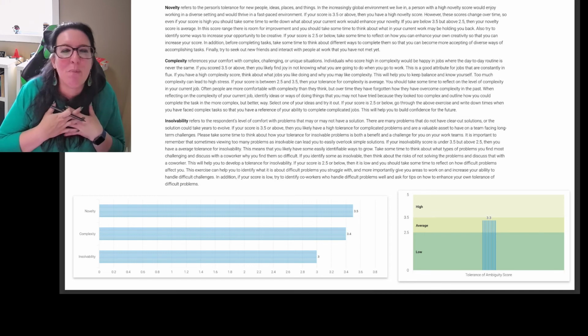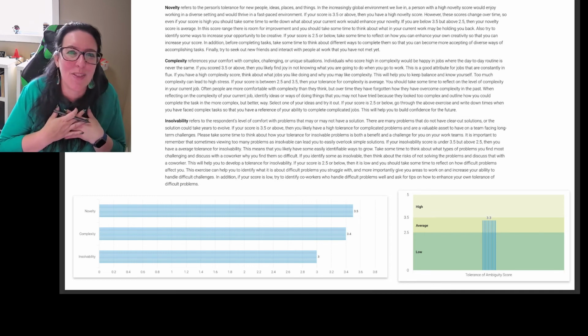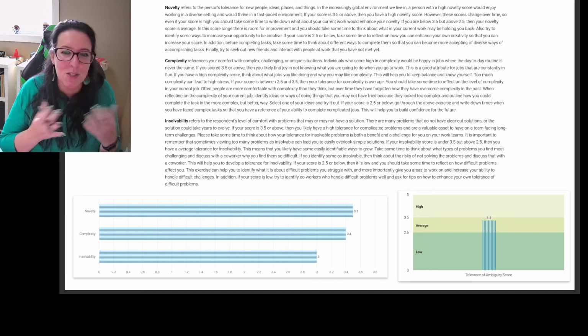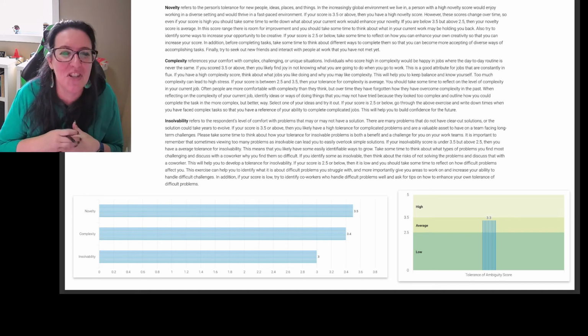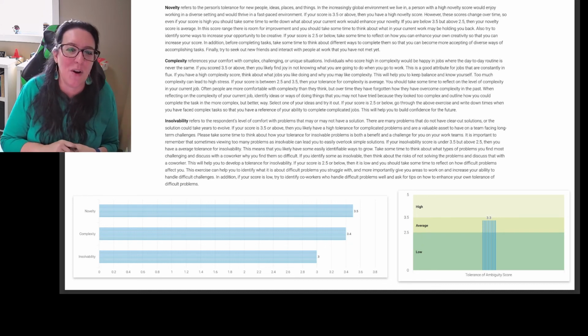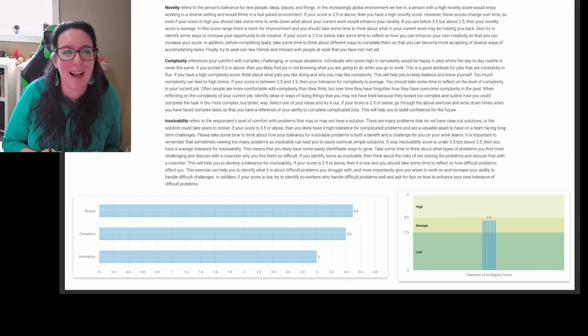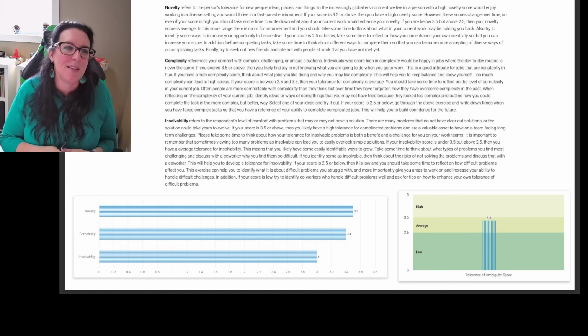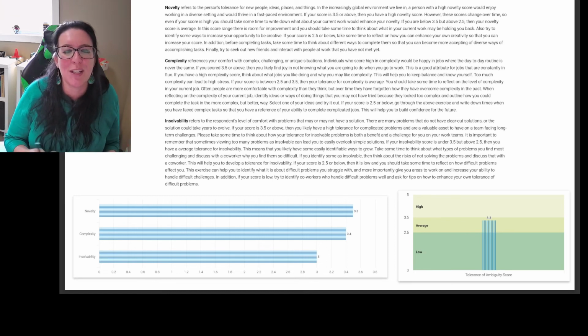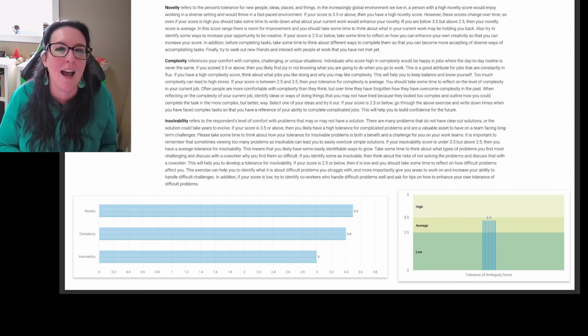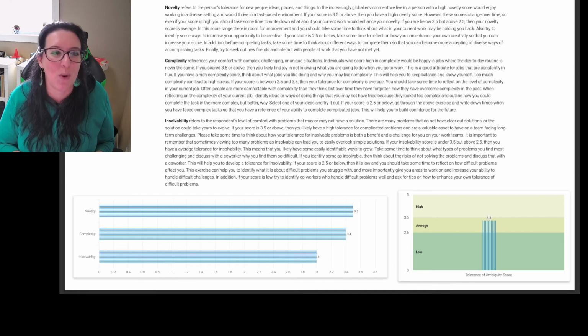But in terms of me and what I can deal with in terms of the unknowns, you'll notice the score here says I'm about average in terms of dealing with the unknown. And that I score higher with novelty and complexity than I do with insolvability. So coming up with new solutions and dealing with complex problems might be more my forte than those problems that don't have a solution.